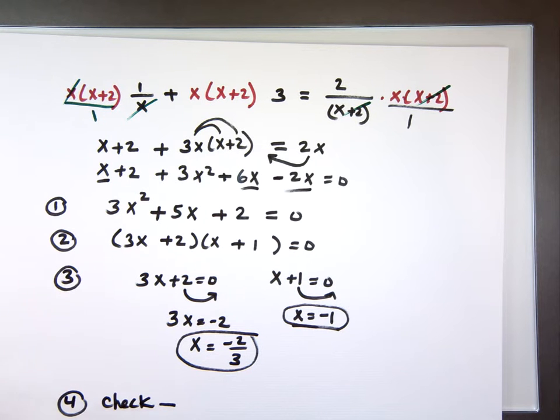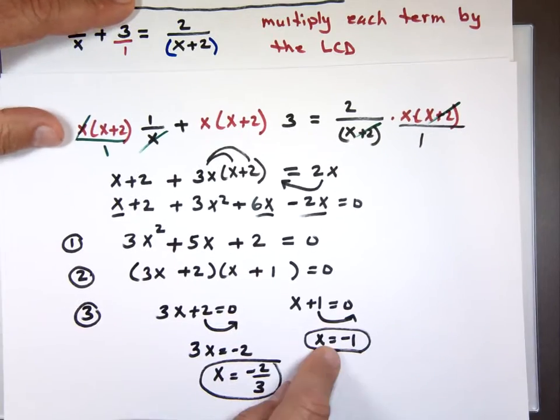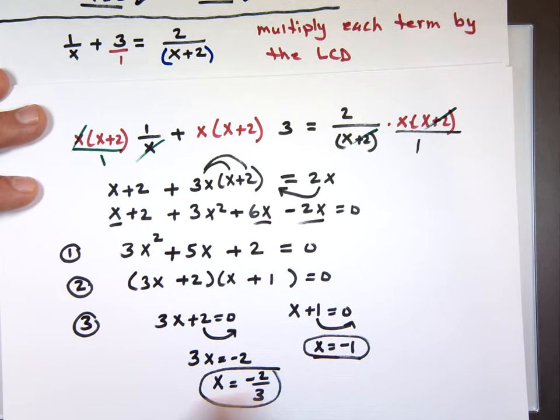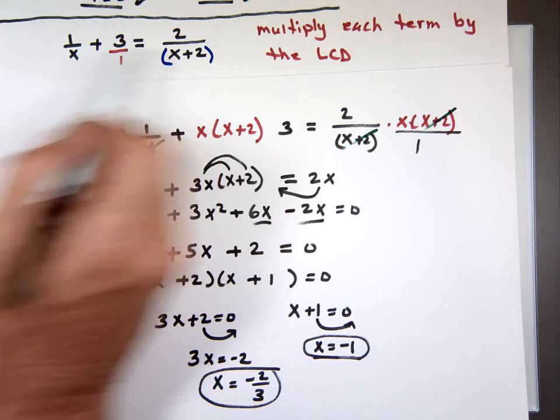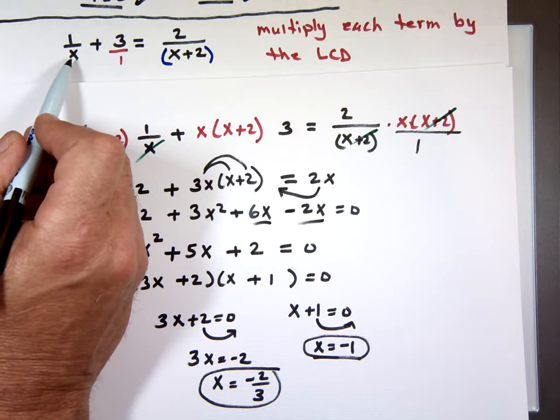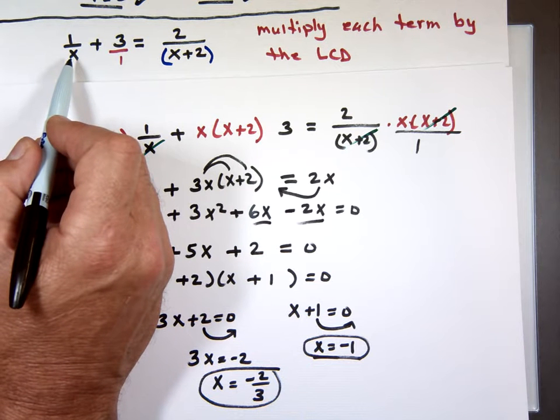I'm lazy. I really don't want to check them. But the least I should do is make sure that the 2 answers I came up with do not make the denominator 0 here or here. Because if they make that one 0, we cannot use them, because you can't divide by 0.